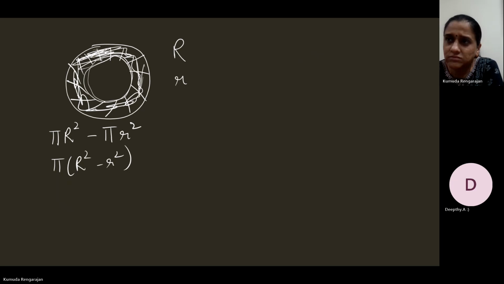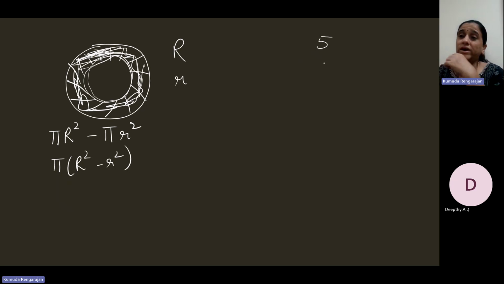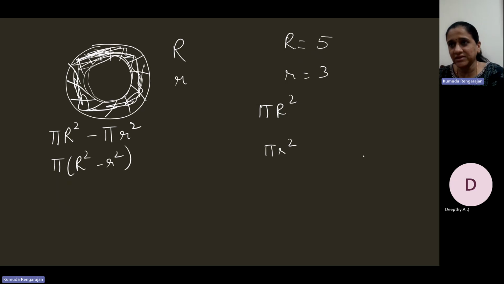Come again? No, it's not like that. You're saying, supposing R is 5 and r is 3, can I find the area of the outer circle, that is pi R square, get that answer, then find pi r square, get that answer, and then subtract, is it?